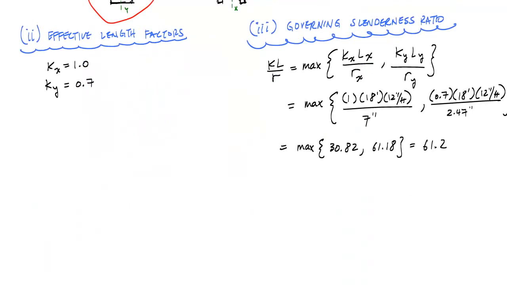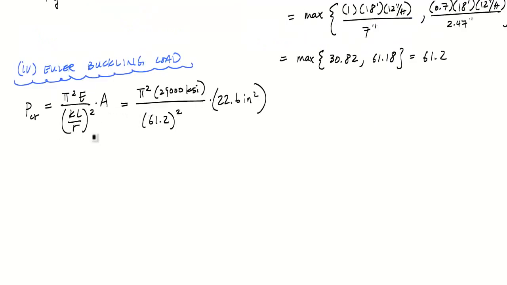And now all I've got to do is substitute it into the Euler buckling equation, and I'll be able to calculate that elastic buckling load. So here's the Euler buckling load with the values substituted in, and this critical load, if I go through and calculate, is going to be 1,727 kips. Now you've got to note that this equation assumes that my material stays elastic and the column is not crooked, and all those assumptions are actually very severe.